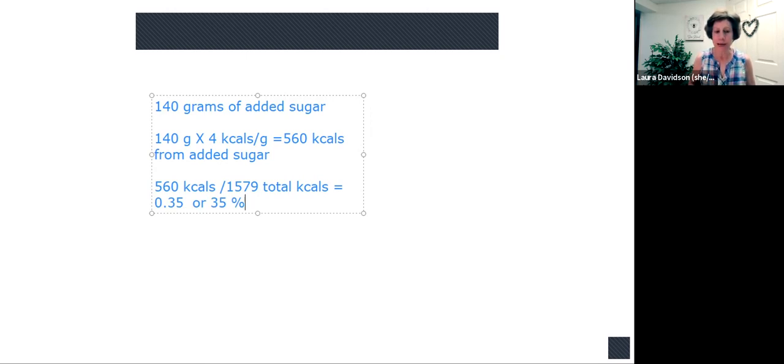Let's check out that saturated fat because we have to do that math a little bit differently. 24 grams saturated fat times 9, right? Kcals per gram for fat. So for fat, we multiply times 9.